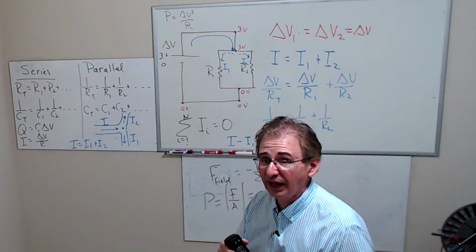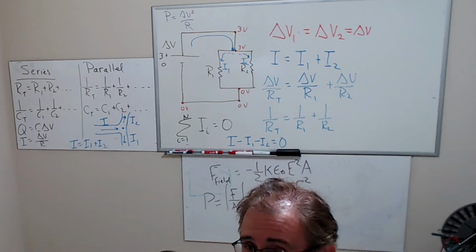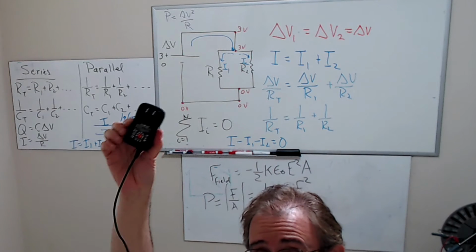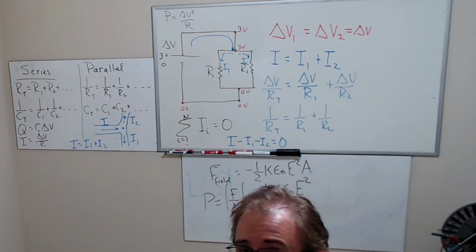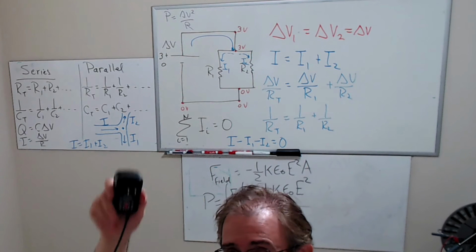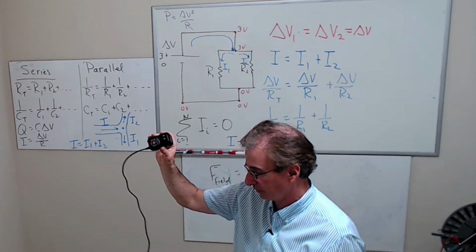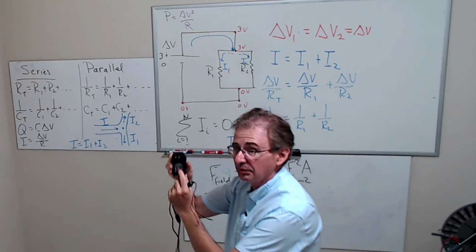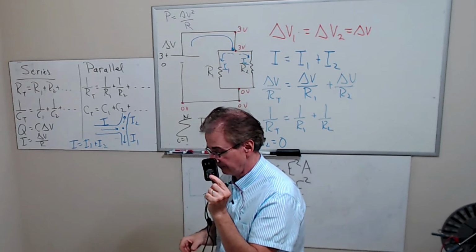It's going to be kind of a pain, because you have to make your measurements, unplug it, change the switch, plug it back in, and then make another measurement. Unplug it, flip the switch. It's a little more time consuming because you have to keep unplugging this to change the switch. You're also going to need a screwdriver.